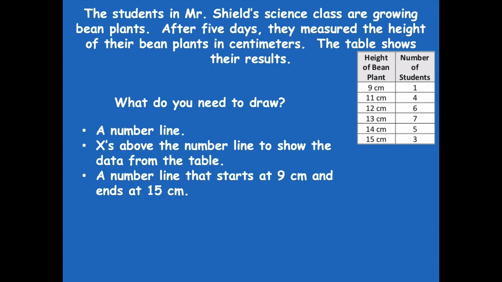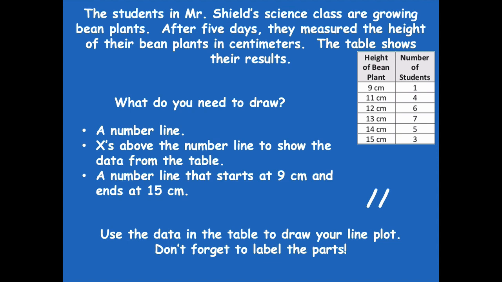We want to go from 0, but I don't want to do 1, 2, 3, 4, 5 all the way to 9. What can I use to show a break in my number line? Yeah, it's that double line, right? So we can use that to show a break in the number line, and we don't have to include numbers 1 through 8. So you're going to use the data in the table to draw your line plot.